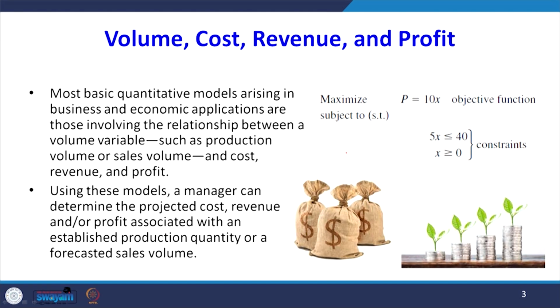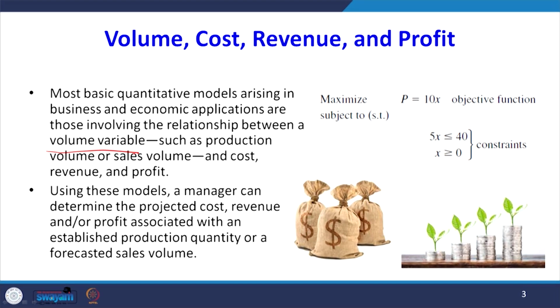Most basic quantitative models arising in business and economic applications involve the relationship between volume variables. Here the meaning of volume is number of quantities, such as production volume or sales volume, and cost, revenue and profit.